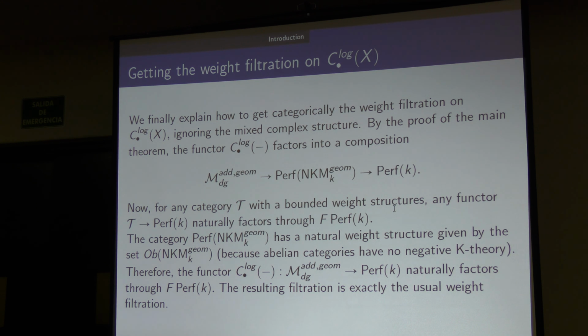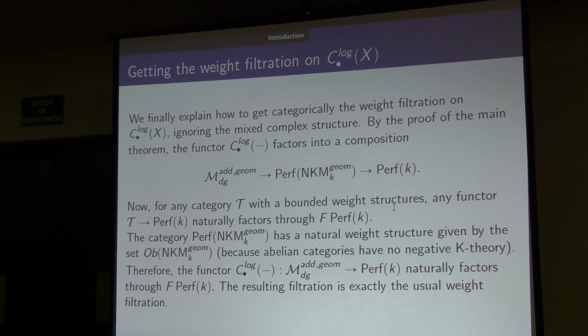And so the functor of logarithmic Hochschild complex naturally factors through filtered perfect complexes. And again, it's more or less clear from the proof that the resulting filtration is exactly the usual weight filtration.